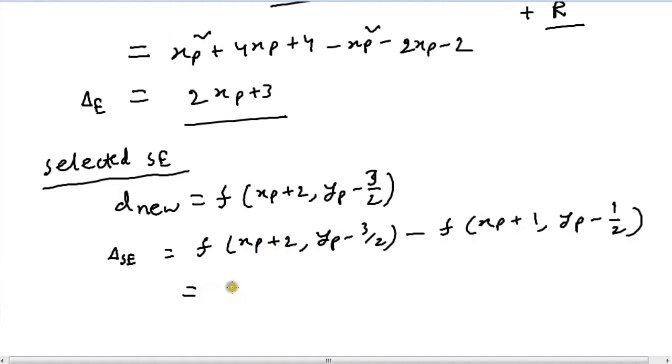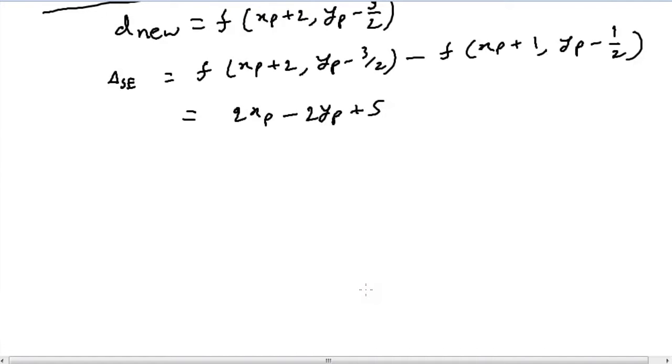If you calculate this, we'll find it equals twice xp minus twice yp plus 5. Alright? So whenever we choose the pixel SE, we update our D by incrementing it by del SE.